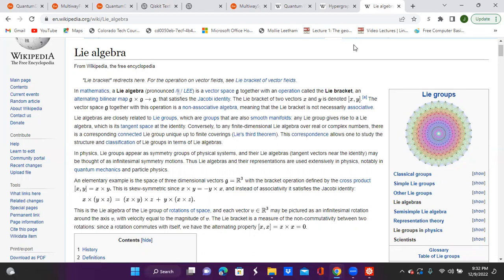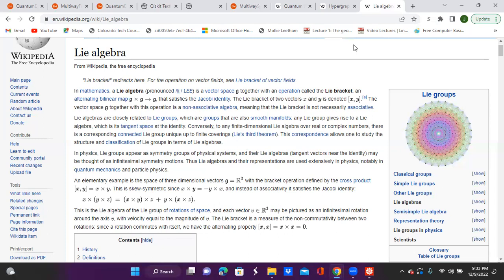The vector space g together with this operation is a non-associative algebra, meaning that the Lie bracket is not necessarily associative. Lie algebras are closely related to Lie groups, which are groups that are also smooth manifolds. Any Lie group gives rise to a Lie algebra, which is its tangent space at the identity. Conversely, to any finite-dimensional Lie algebra over real or complex numbers, there is a corresponding connected Lie group up to finite coverings.